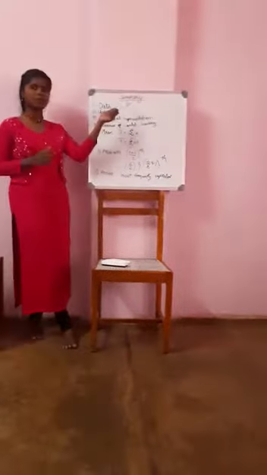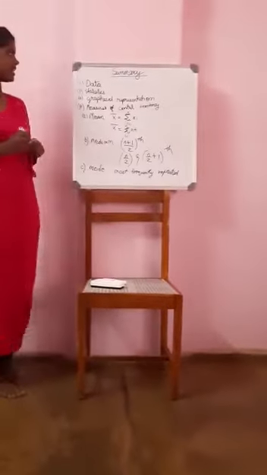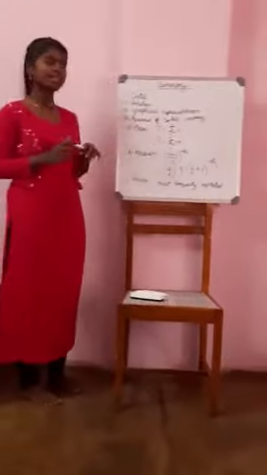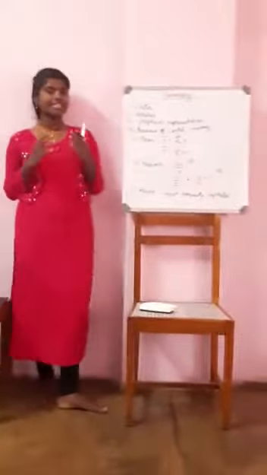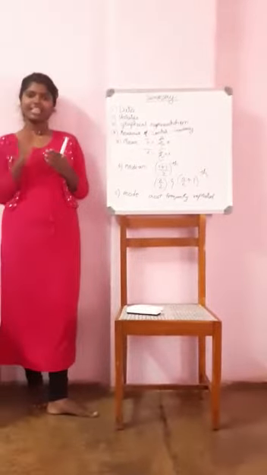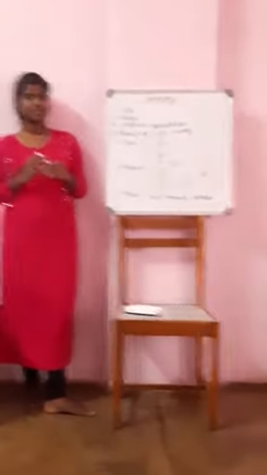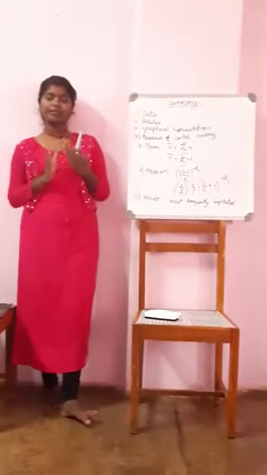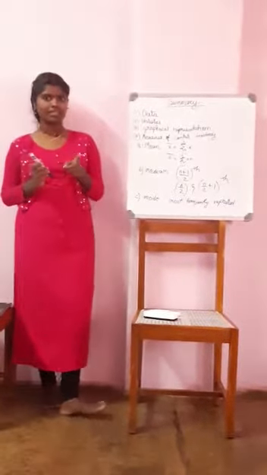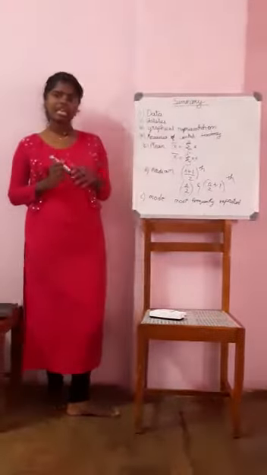Now let's have a summary of this chapter, statistics. First, in the beginning I told you what is data. Data is nothing but information which is collected for a purpose. That is called data. Now this data is studied by a branch of mathematics called statistics.